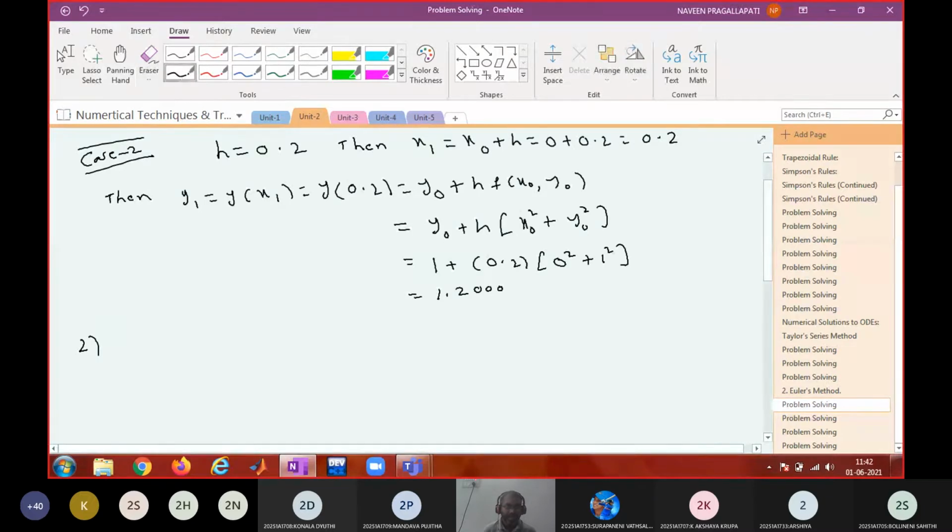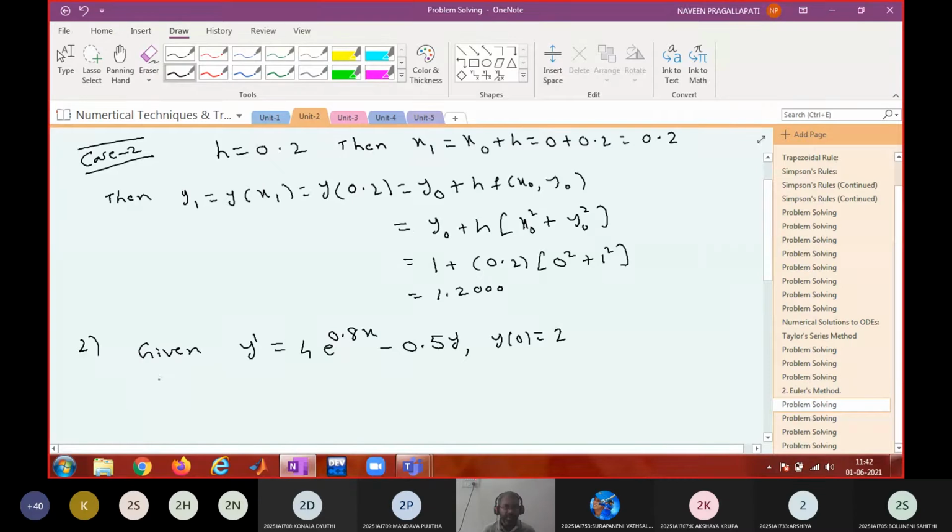So you write like this: given y dash is equals to 4 into e power 0.8x minus 0.5y, okay, with y of 0 equals to 2. Y of 0 equal to 2. Okay, so evaluate.